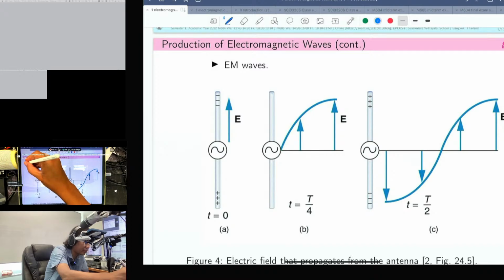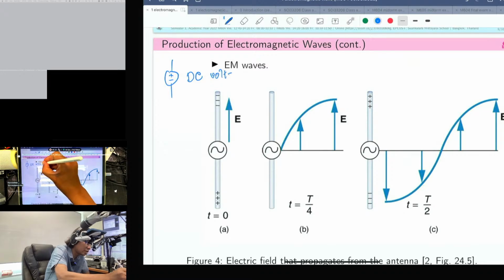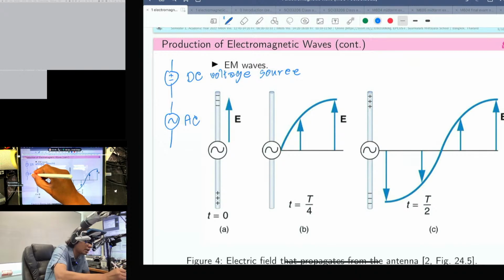I need to introduce you to some basic notation of electric devices. Of course you know this one before, right? This is the DC direct current voltage source. And you have seen this one before, right? It's called AC voltage source.